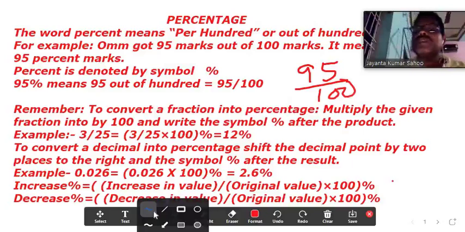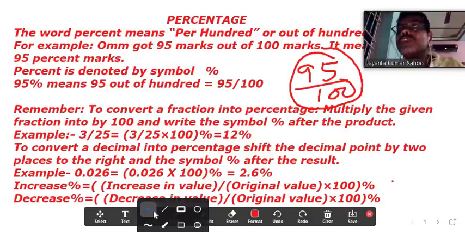So children, this 95 by 100 is a fraction. When we are going to convert it into a percentage, what are we going to do? We multiply by 100.